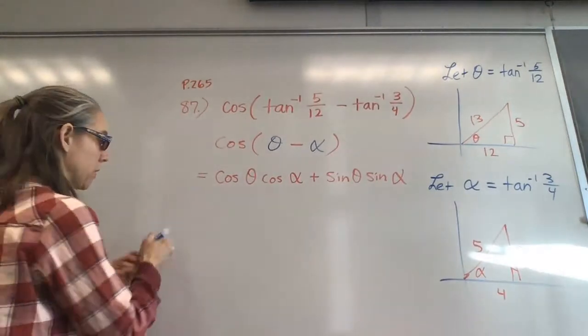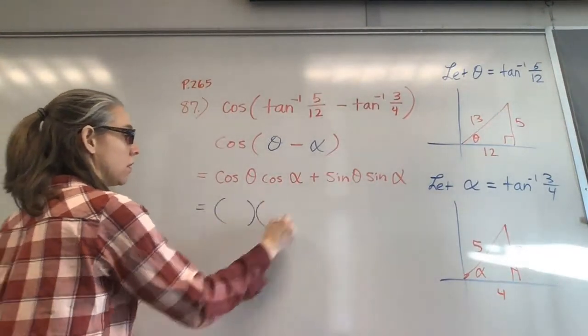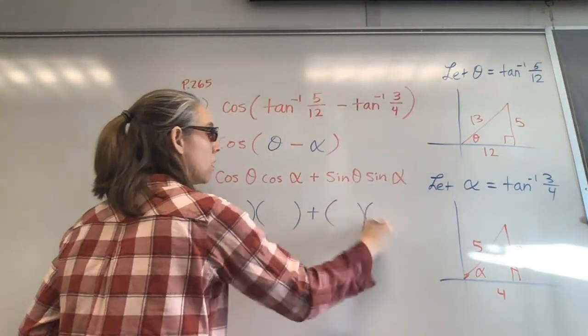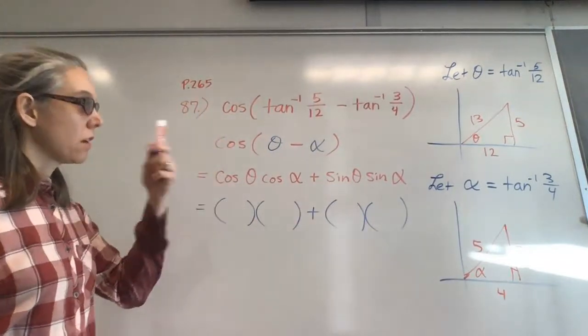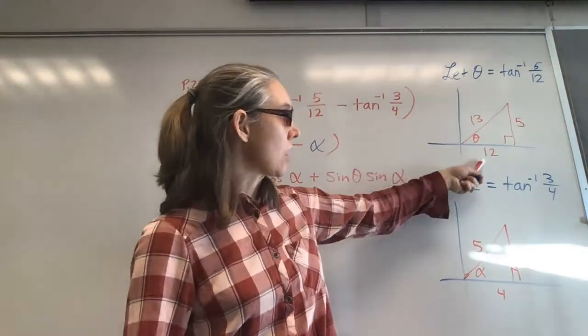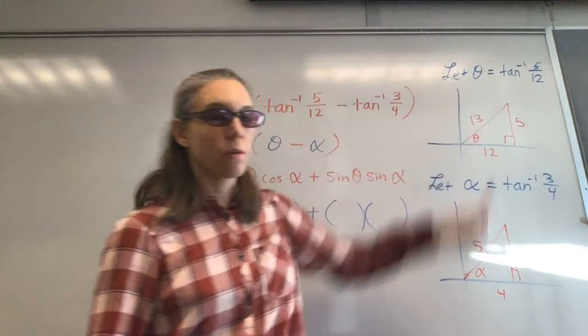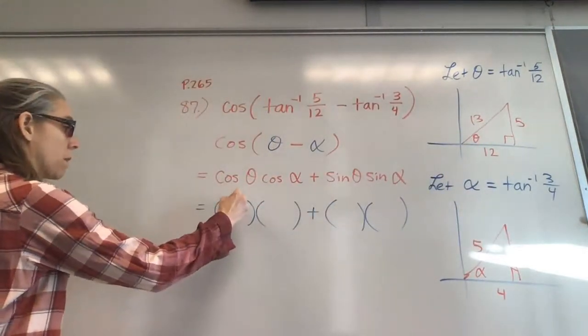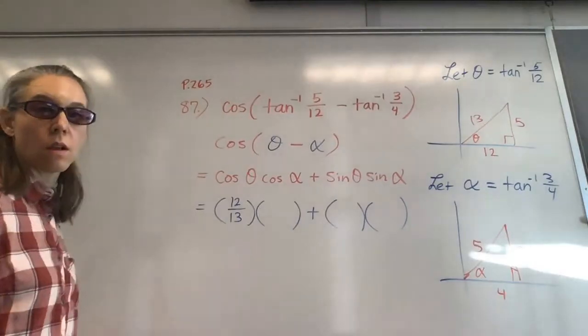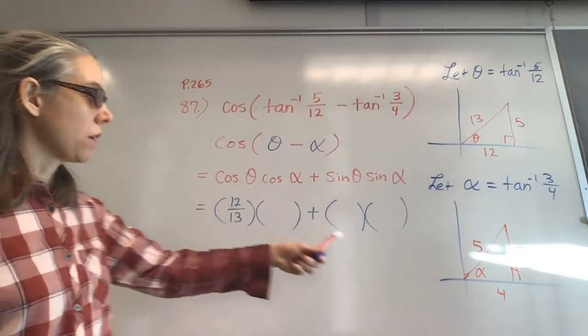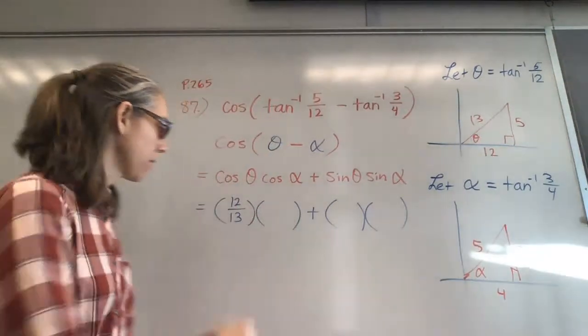And now we're going to replace each of these. Cosine of theta is adjacent over hypotenuse, 12 over 13. Cosine of alpha is 4 over 5.